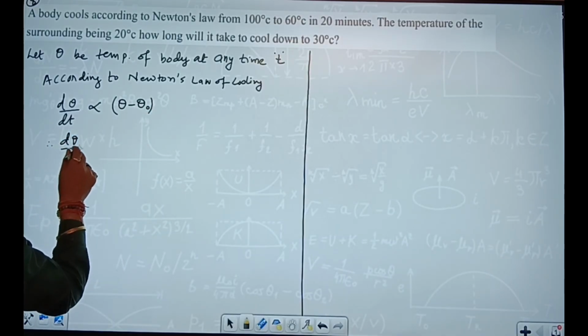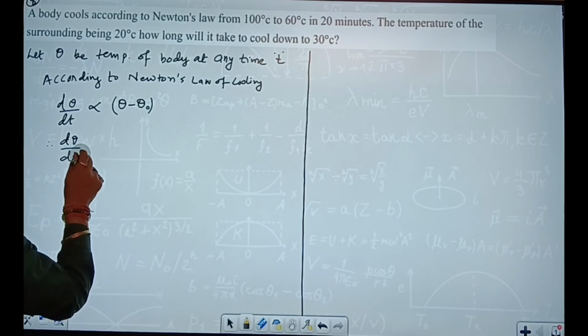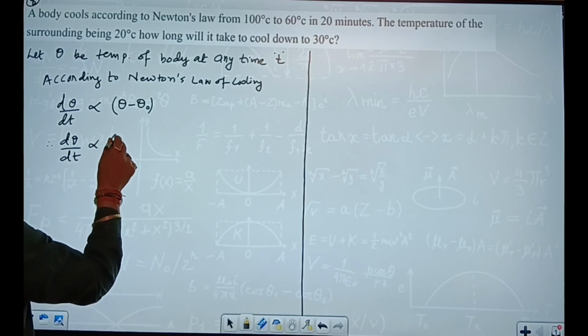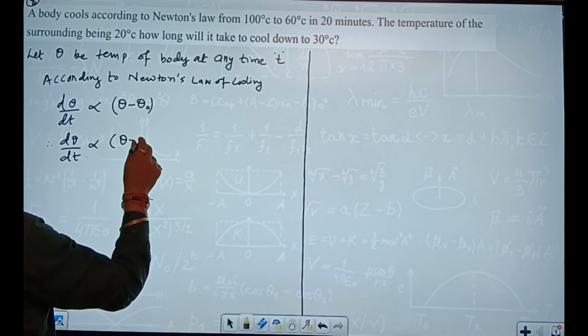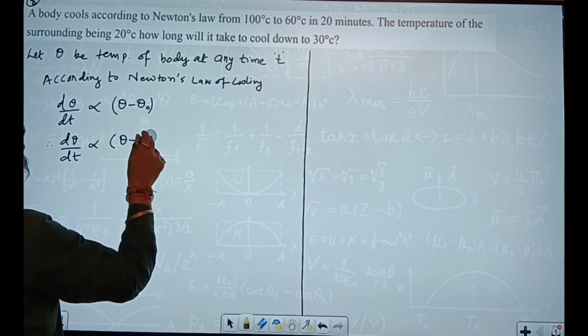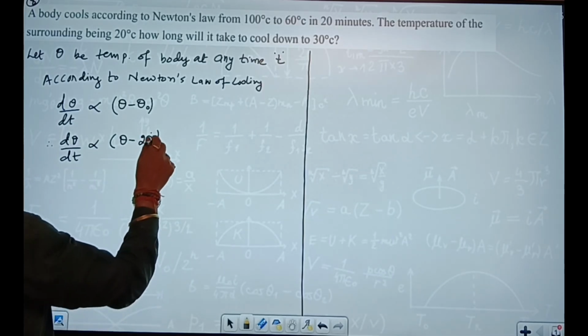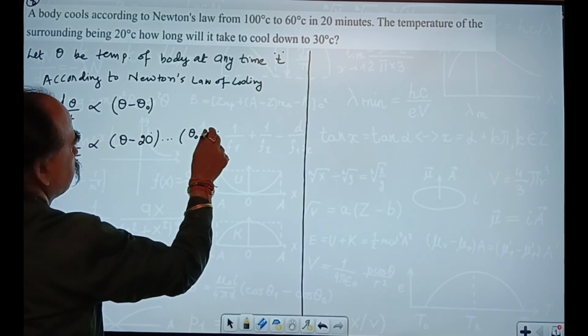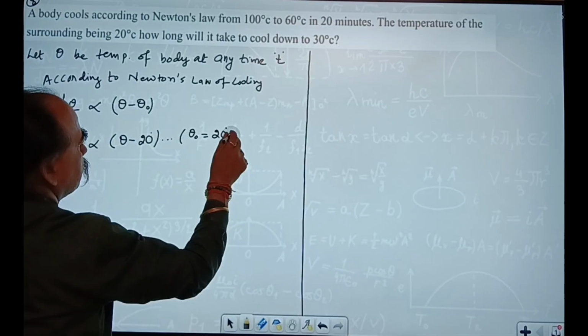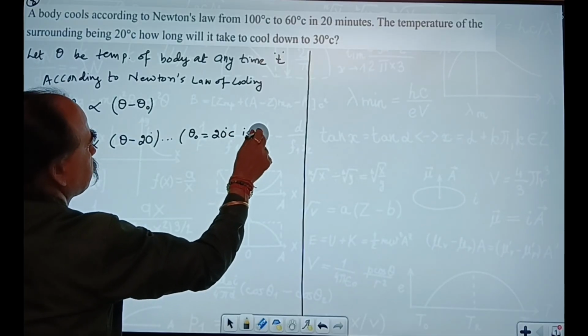So d theta by dt is proportional to theta minus 20 degrees. Theta naught is equal to 20 degrees, the room temperature.